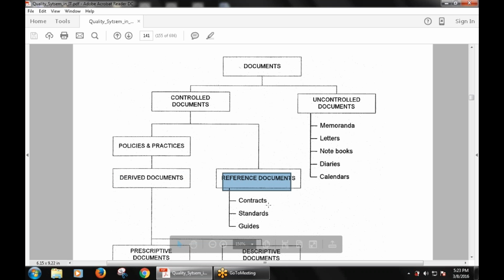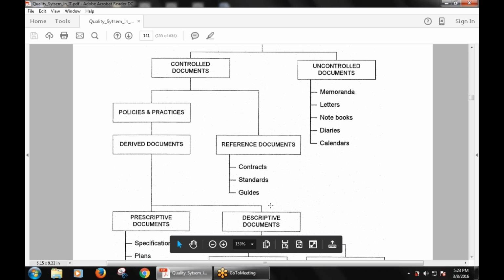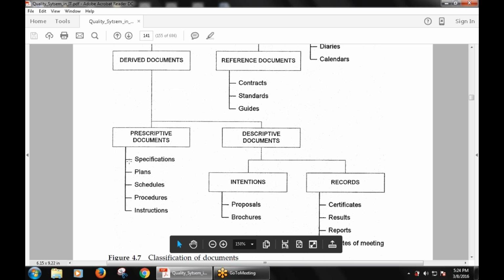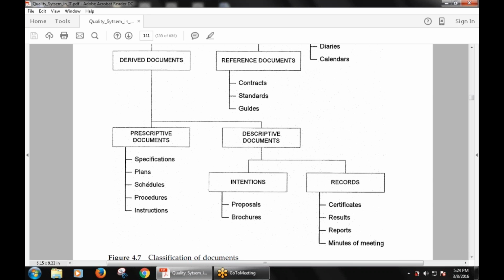Reference documents include contracts, standards, and guides used as contract or control documents. There is a prescriptive document and a descriptive document. Whatever legal document we are using is a part of the controlled documents. The prescriptive documents include specifications, plans, schedules, procedures, and instructions.